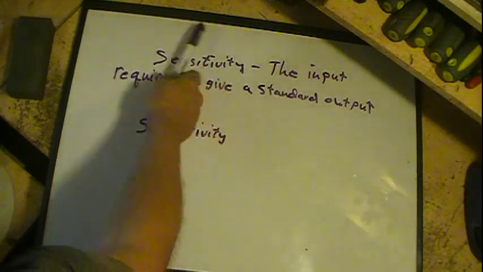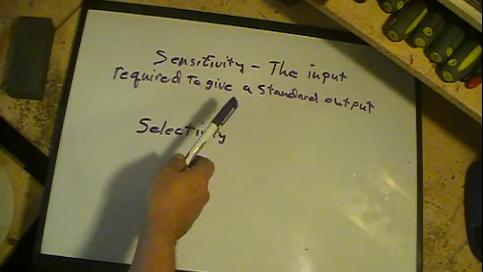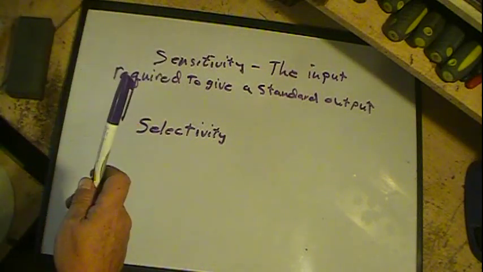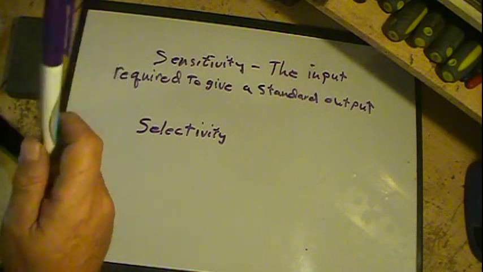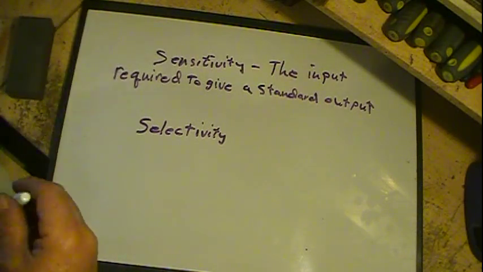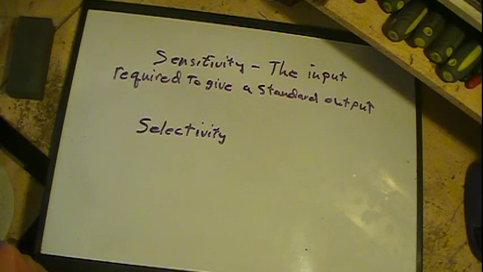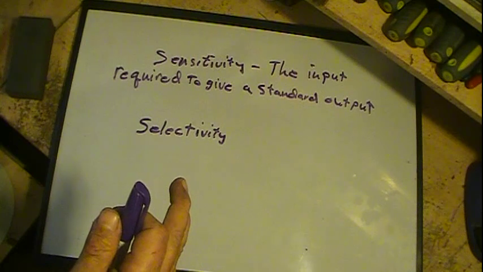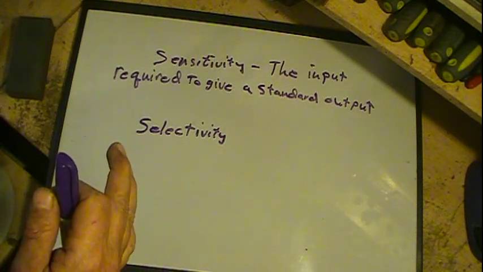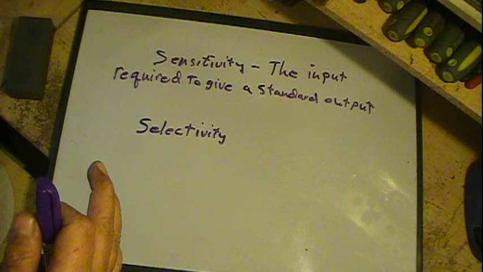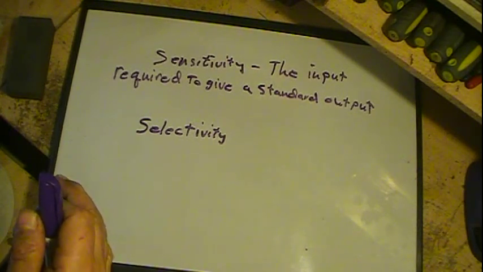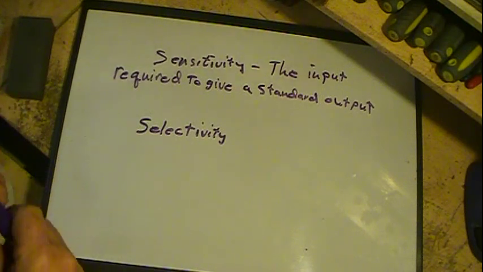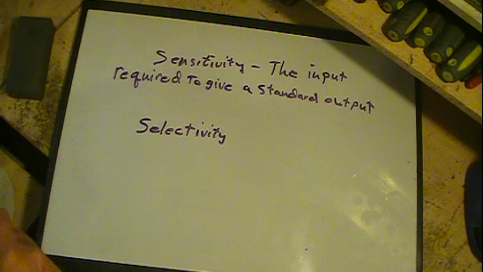So basically it's a measure of how weak of a signal the radio can pick up that you can understand without any problems. And that's all sensitivity is. If you want to look at it another way, a more sensitive radio will pick up more stations. A less sensitive radio won't pick up as many stations. So the more sensitive it is, the more stations it's going to pick up.